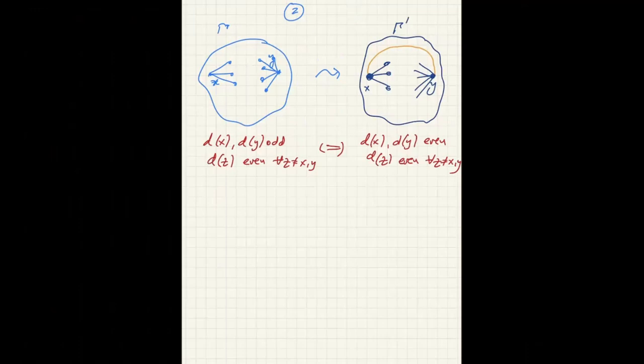There's an app on the phone called One Touch, in which you're given a graph. So I'll give you an example here, and you're asked to draw it in one touch, with one pen stroke, essentially. So let me give you a fairly complicated graph.